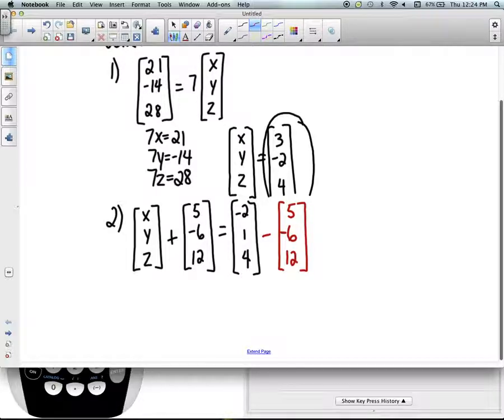And remember, my recommendation for subtraction would be to distribute the negative sign and change all of your signs. So that's another option, and this would be also showing your work for this. So we'll get a final answer of negative 7, 7, and negative 8.